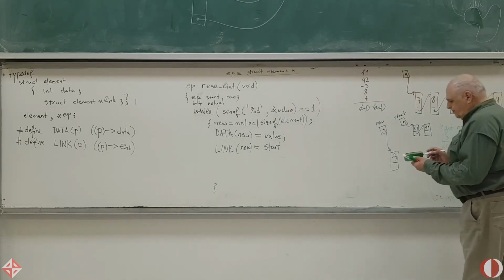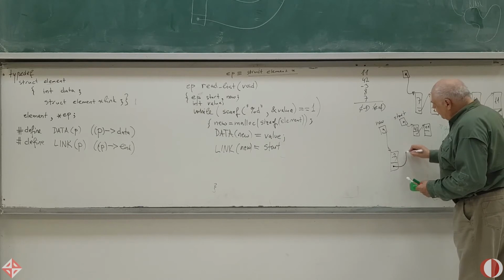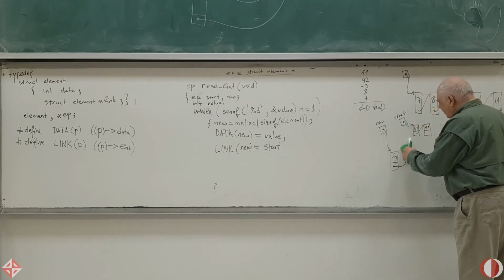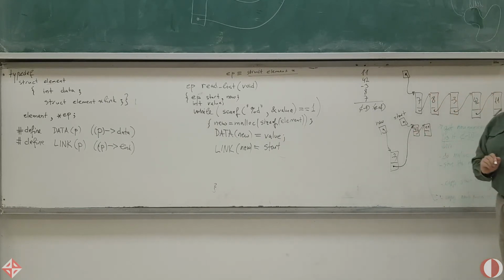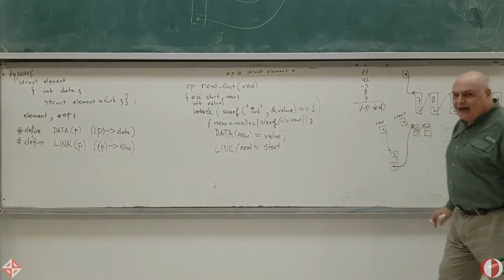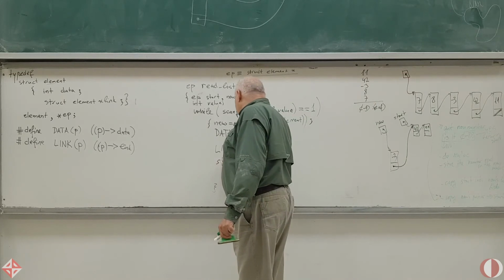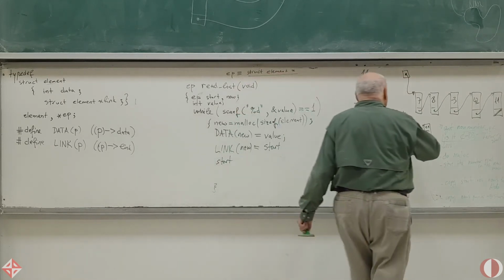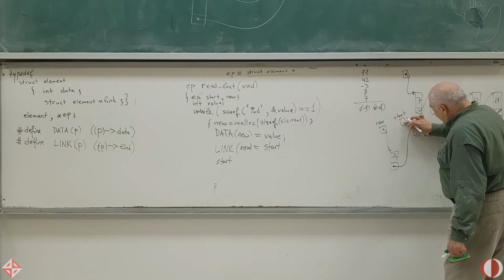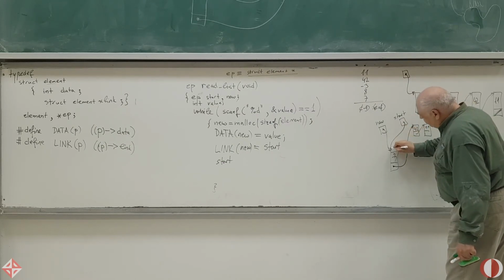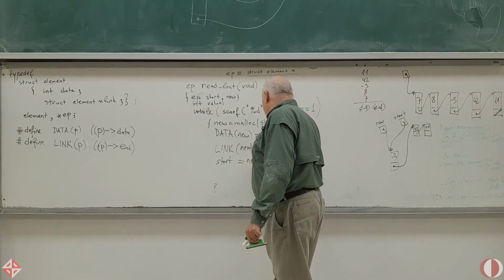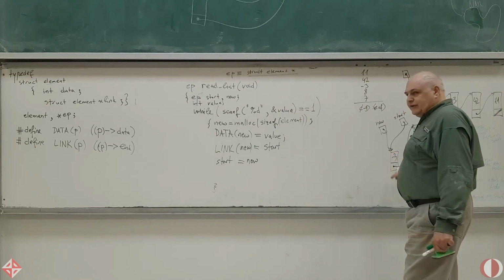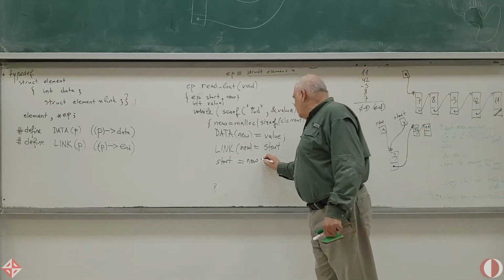Okay, so here now, start is pointing to this position. Now I'm also pointing to this position. Now it's time to change the value of start. So start shall be altered to point to this position. Start receives the value of new. New is pointing to this new malloc. Okay.